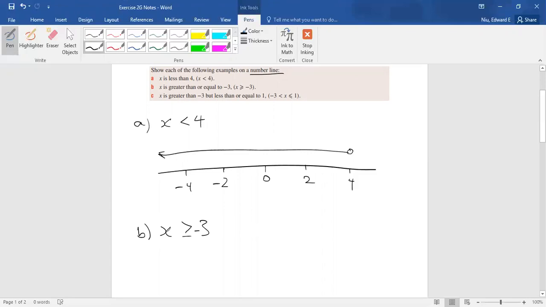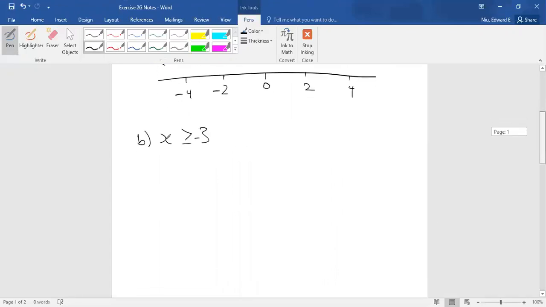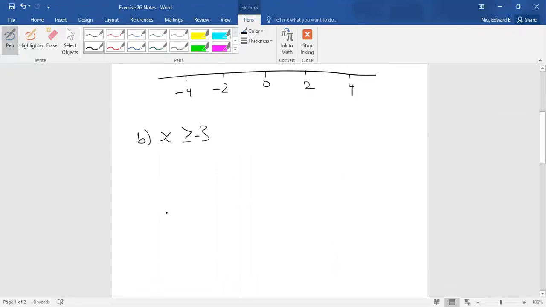What that means is, on our number line, if we redraw it, we would have 0, 2, 4, -2, -4. It doesn't really matter what interval. We could go by 5s, whatever, by 1. Here we're just going by 2, just so we save some time.